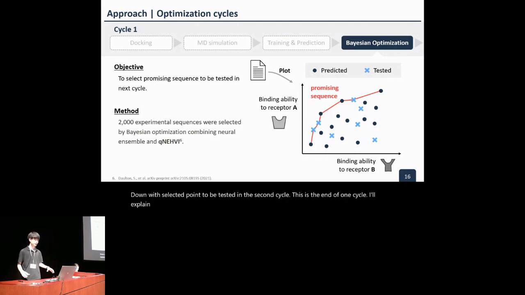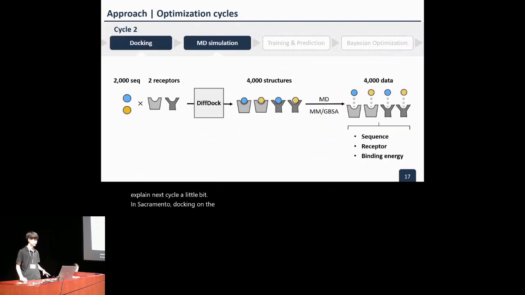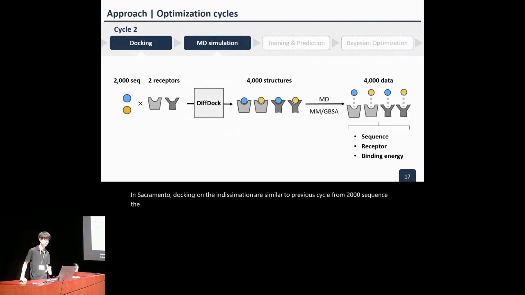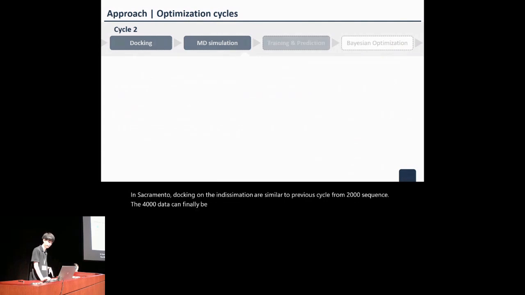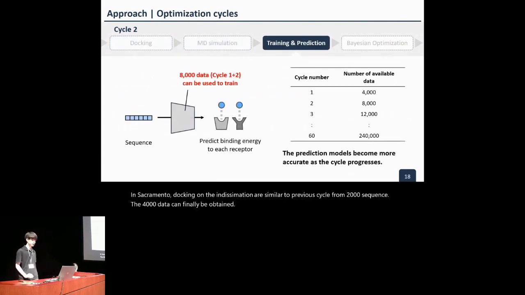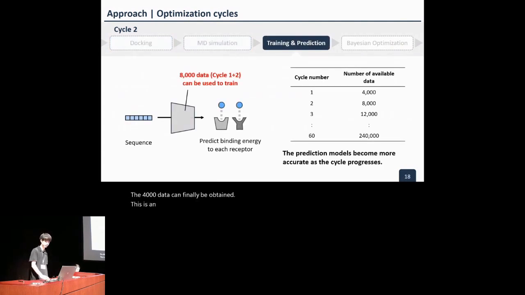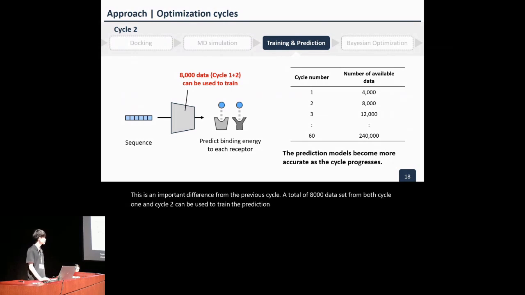In cycle 2, docking and MD simulation are similar to the previous cycle. From 2,000 sequences, the 4,000 data can finally be obtained. This is an important difference from the previous cycle. A total of 8,000 data from both cycle 1 and cycle 2 can be used to train the prediction model in the second cycle. Furthermore, in cycle 3, it can be trained using 12,000 data.